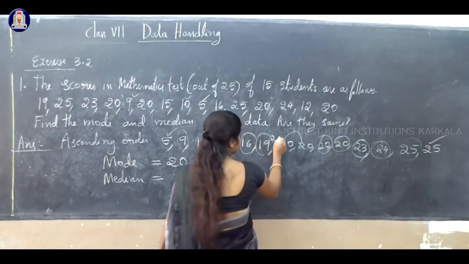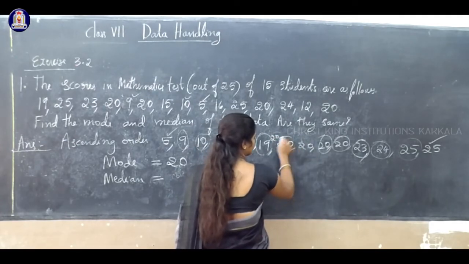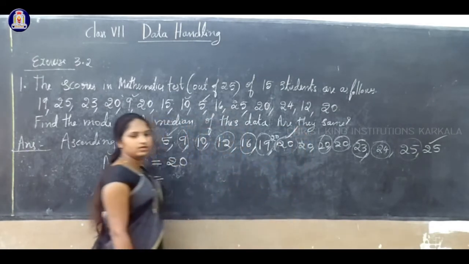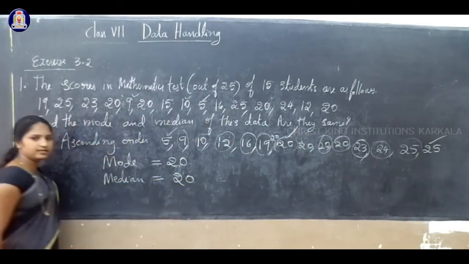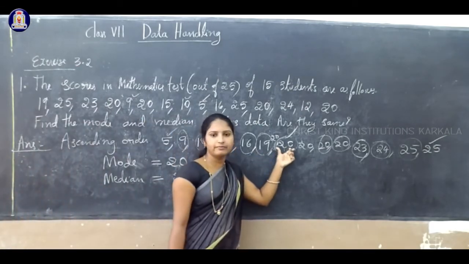One more 20 is repeated, 5 times. So the middle term is 20. So 20 is the median, appearing in the middle.